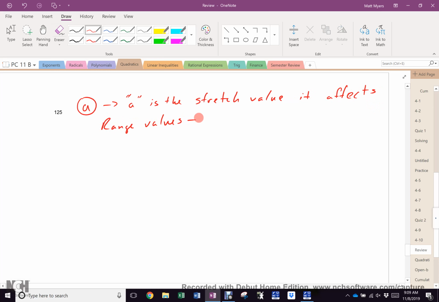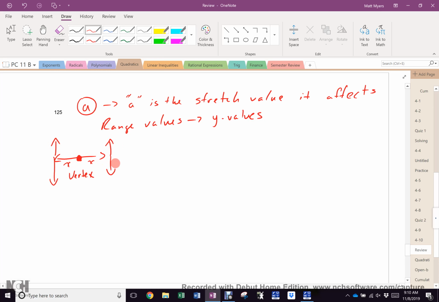Range values are which letter? Y values. Remember, every parabola moves from the vertex. I'm going to put a big dot for vertex. They move right and left on the x-axis. They then move up or down.